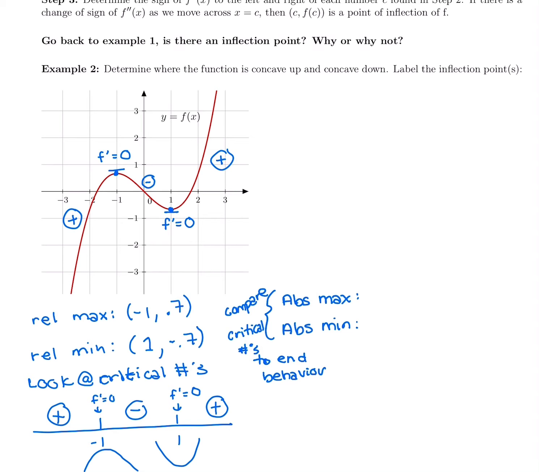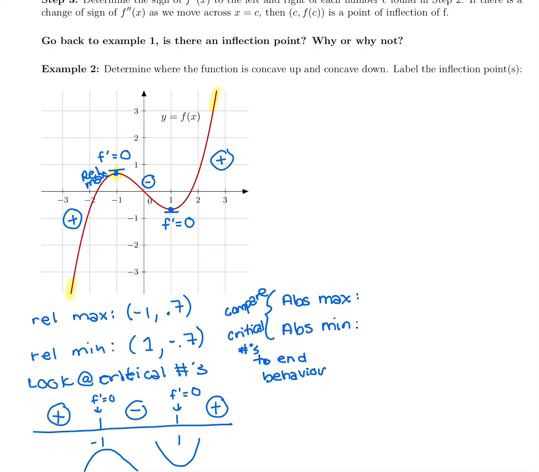So looking at my relative max that we have here, is that relative max point also the absolute max? Well, I'm going to compare it to the end behavior to the left. Yes, it's higher than the end behavior to the left, so maybe that relative max could be an absolute max, but I also need to compare it to the end behavior to the right. And to the right, it's going up to infinity without bound. It looks like it keeps going up.